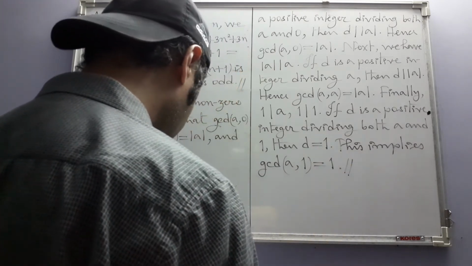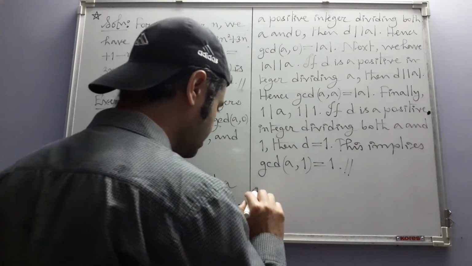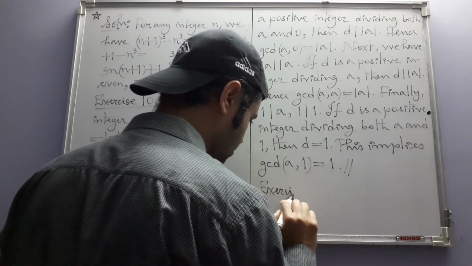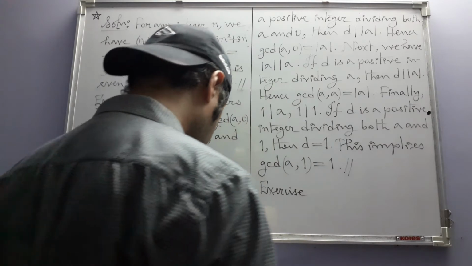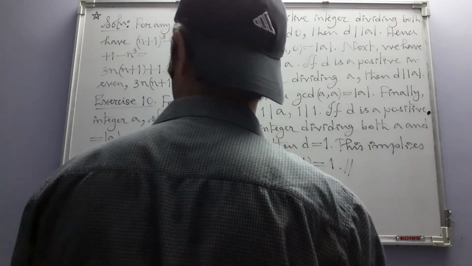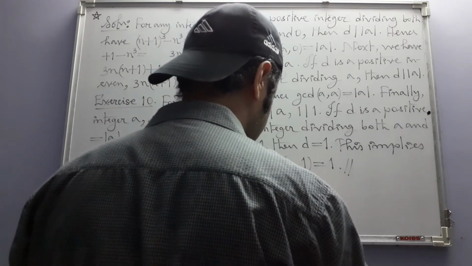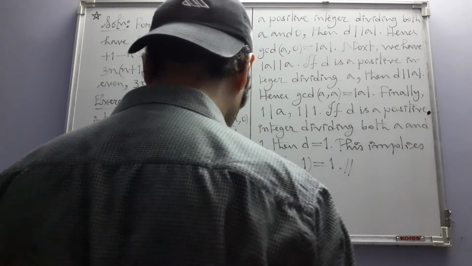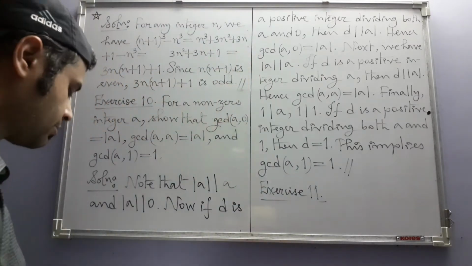So that's the solution. Then another similar one, which shows that when we are calculating the greatest common divisor of two integers, their signs don't matter. Whether they are positive or negative, that does not matter.